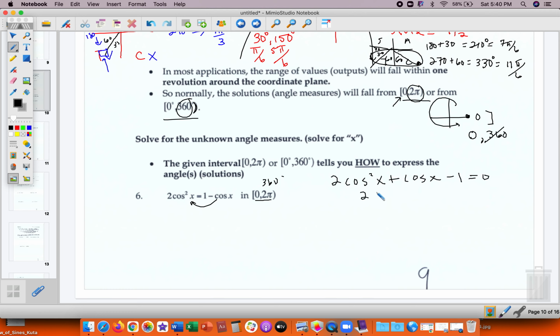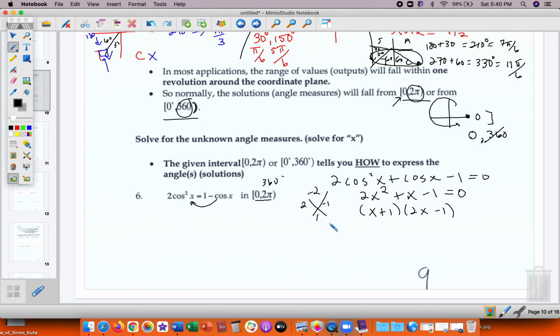I look at this and I notice that it's a quadratic, and I can either try factoring or using the quadratic formula. This problem is factorable. There's a combo that multiplies to -2 that adds to +1. We know that it's 2 and -1. So then when we go to factor this, we have x plus 1 times 2x minus 1.